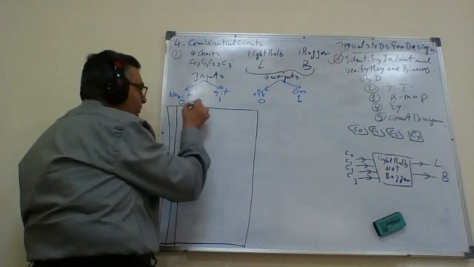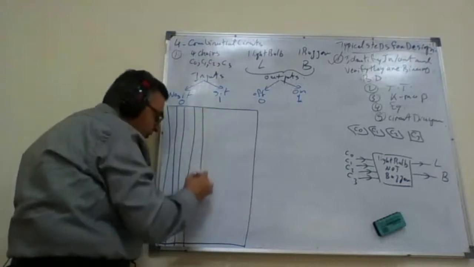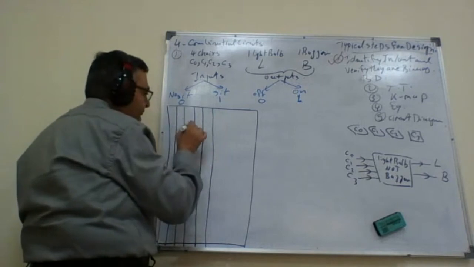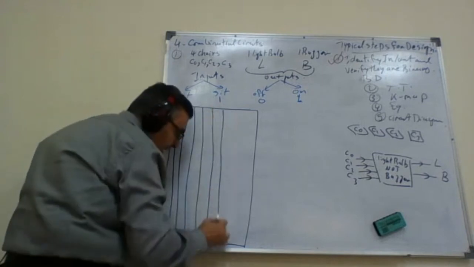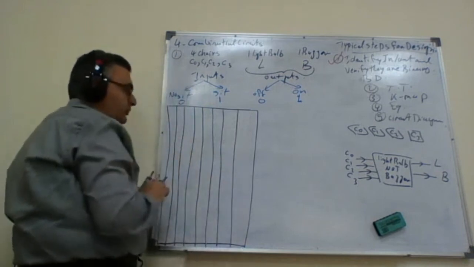How many inputs in the problem? I have 4 different inputs. How many outputs of the problem? I have 2 outputs.